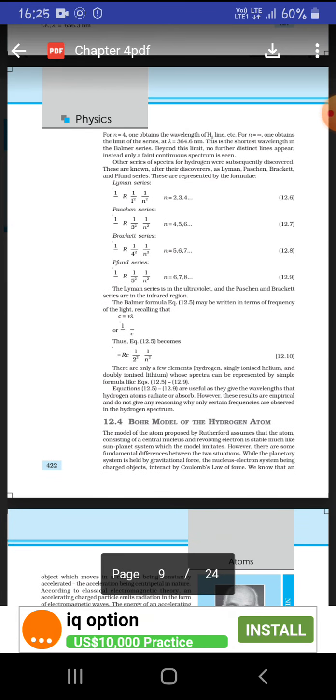Next, like that only, we take that formula for the series. 1 by lambda equals R times 1 by 2 squared minus 1 by n squared.